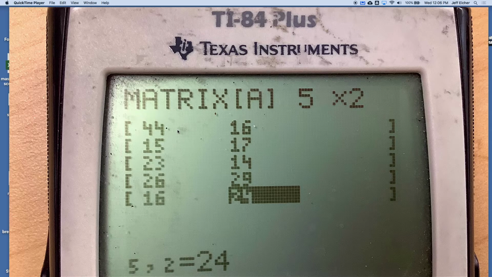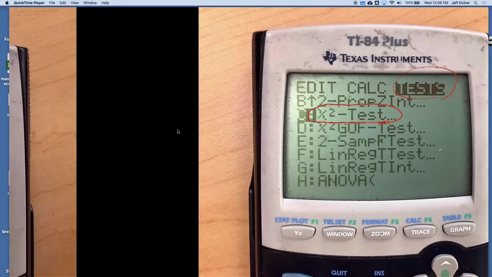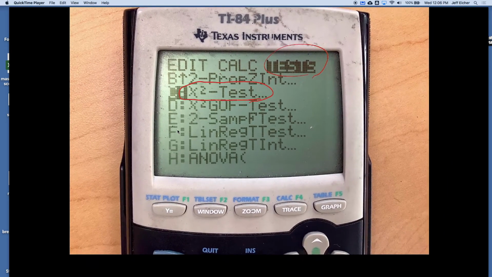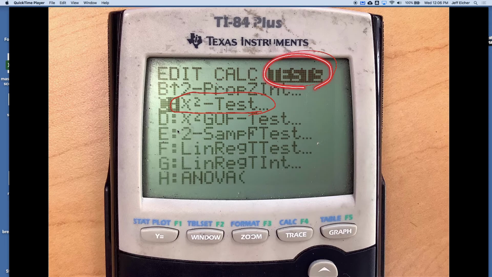Okay, so from there, we're going to go to tests, like you've done before, the test menu, and you're going to select the chi-squared test, not the GOF, but just the chi-squared test. Are you going to like stat? Yeah, so you go to stat, and then over to tests, and then scroll down or hit the up arrow because it's near the bottom anyway, so you can go from the bottom up.